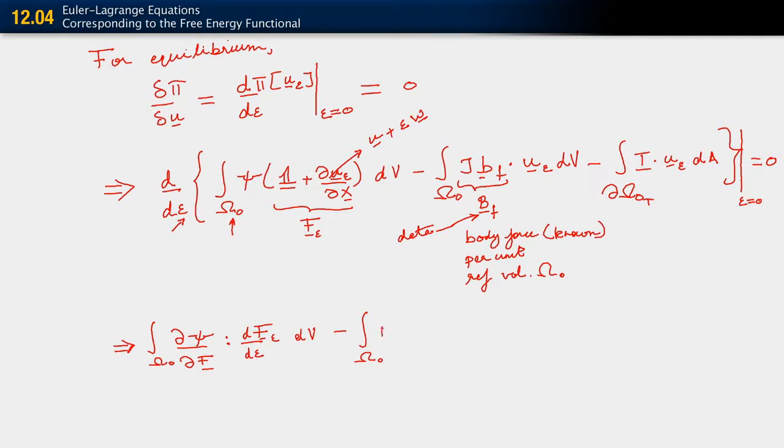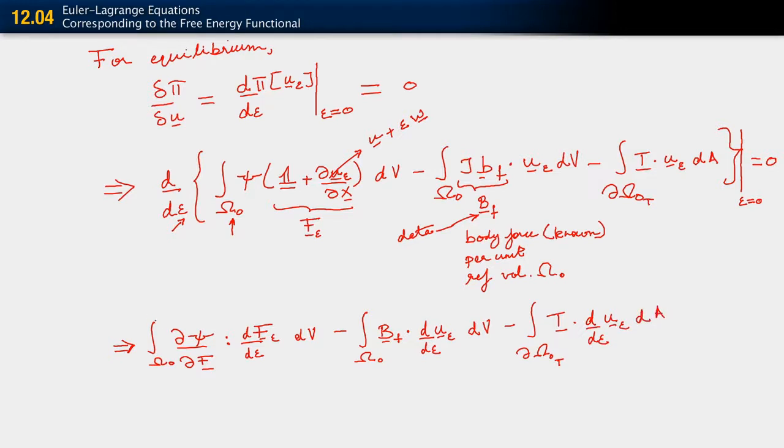So when we take that derivative, it is BF dotted with d/d epsilon of u sub epsilon dV, minus the integral over the traction boundary of T dotted with d/d epsilon of u sub epsilon dA.